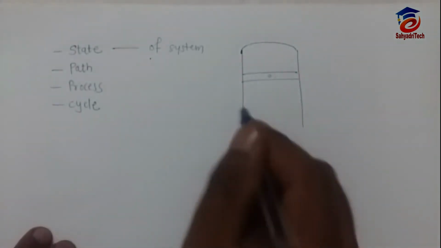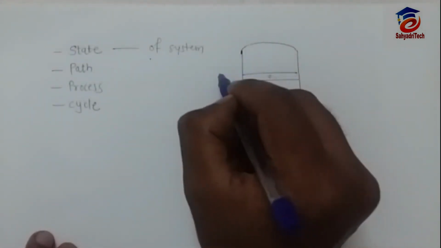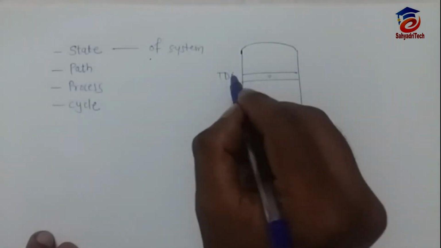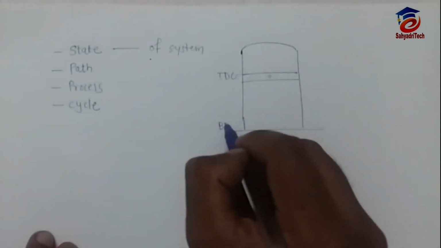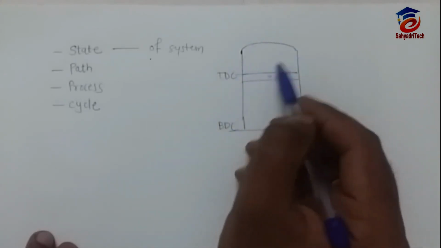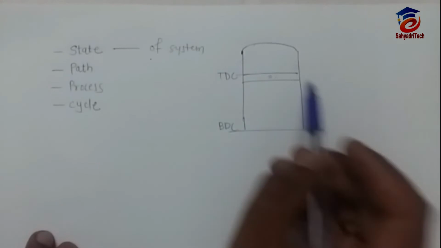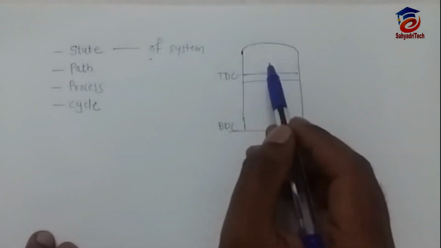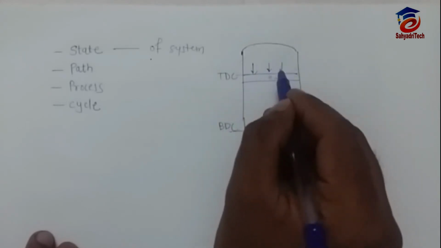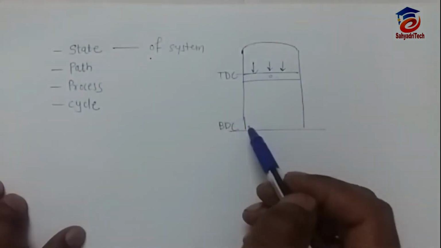Here the piston is at TDC. Suppose this is the TDC position, and this is the BDC position. Suppose there is an air-fuel mixture we are using as the system. If combustion happens, the combustible gases will push the piston down. So this piston will move from TDC to BDC.